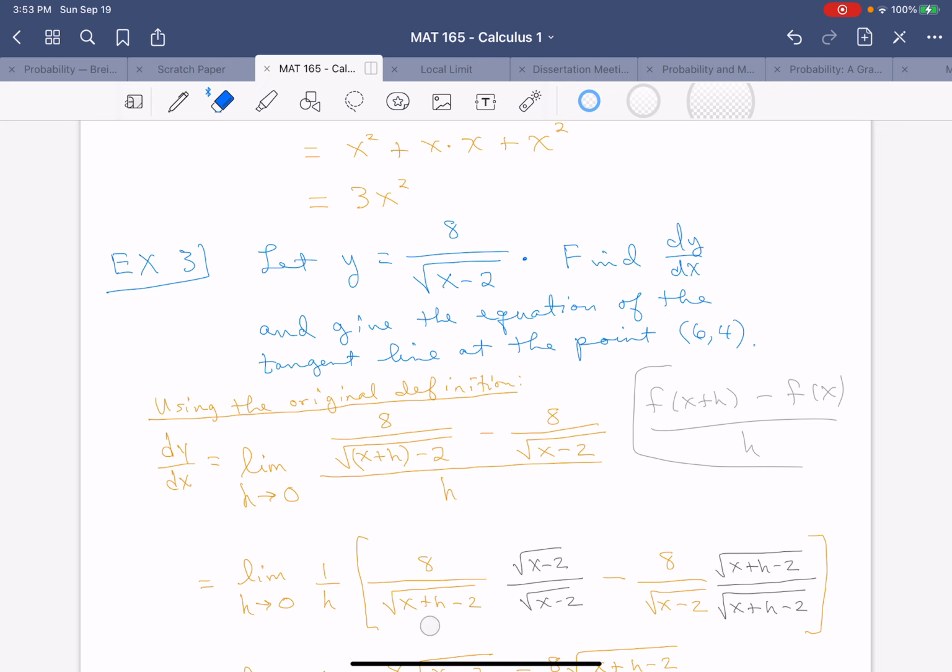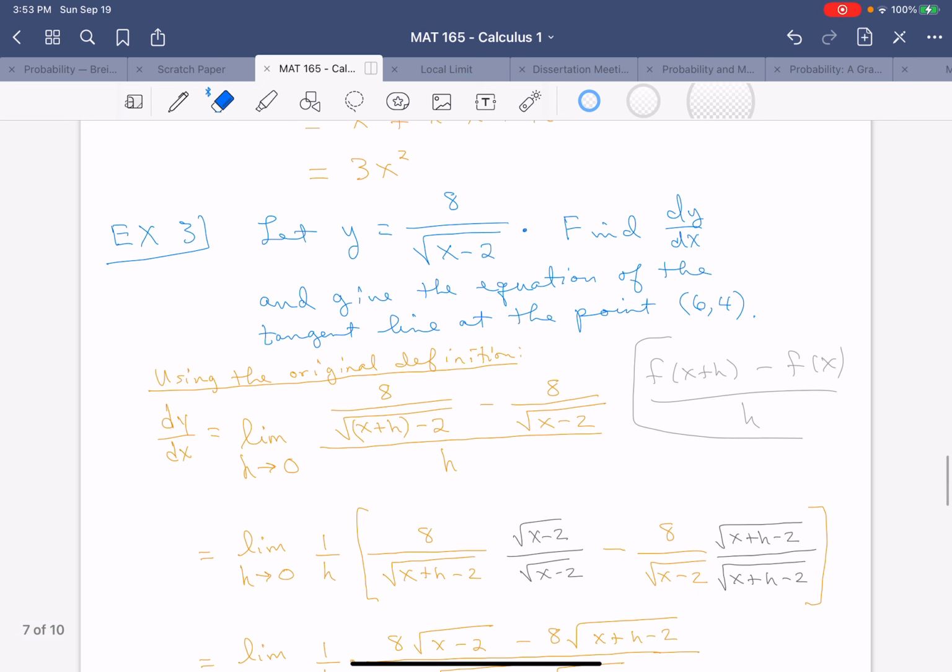And so that's this 8 over the square root of x plus h minus 2 minus the 8 over the square root of x minus 2. And then you can see in gray here that I'm going to do a little bit of work term by term because I want to get a common denominator here. So we're going to do that.